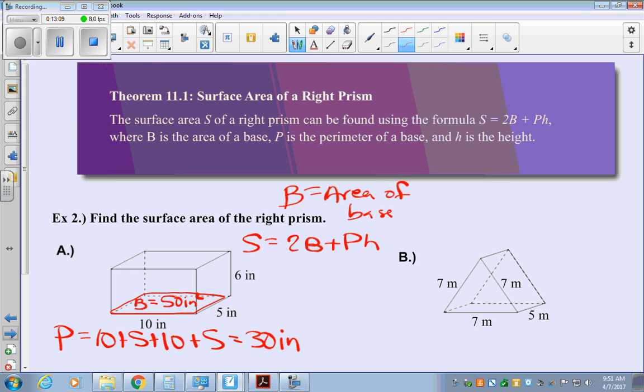And then you want the height between your 2 congruent bases. So it's the distance from here to here. In this case, it's 6.